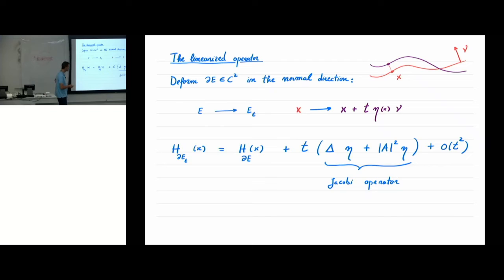This coefficient is very important, because it tells you, when I do the perturbation, how it depends on the function eta. You can think that eta is the function which gives the graph of your new surface in the perpendicular direction. If I want the new surface still to be a minimal surface, I want this thing to be 0. So this is known as the Jacobi operator.